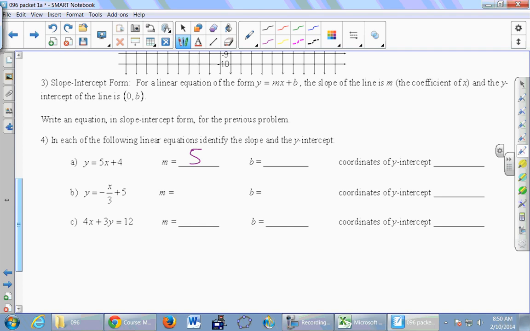The value of b, again, b is this guy that's sitting here at the end. In this case, it's 4. And if I wanted to write the coordinates of the y-intercept, it's got two numbers, 0 and then 4. The y-intercept is always 0 something. In this case, it's a 4 because that's the last number we see in the equation.